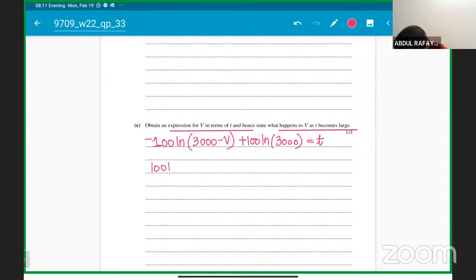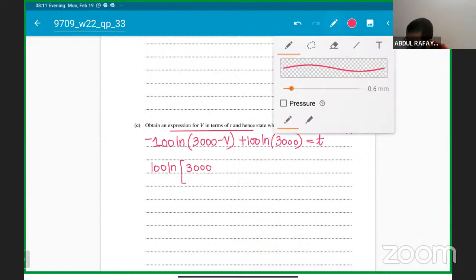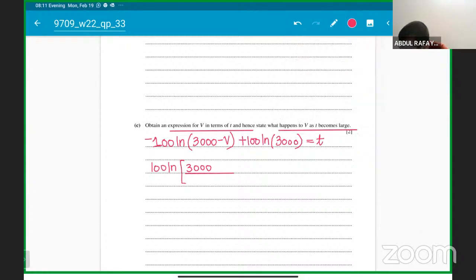So it will be 100 common, ln common: 100 ln 3000 divided by 3000 minus v, is equal to t. First, 100 is being multiplied, so we'll take it across, and it will be left with ln of 3000 divided by 3000 minus v. The 100 will go there and divide, so t over 100.